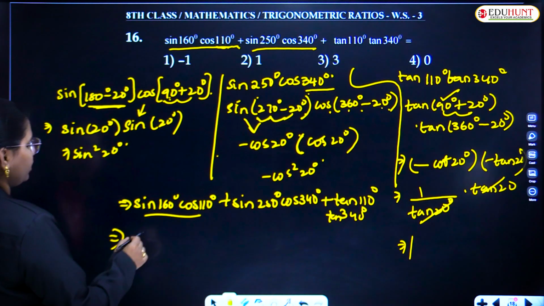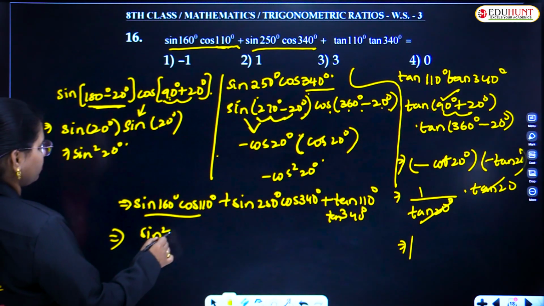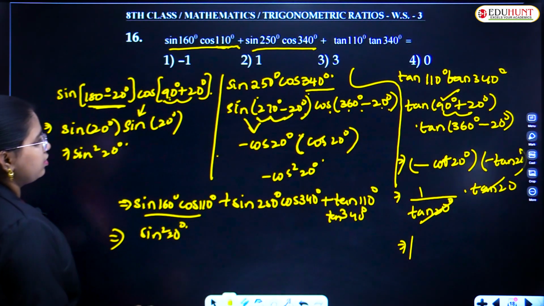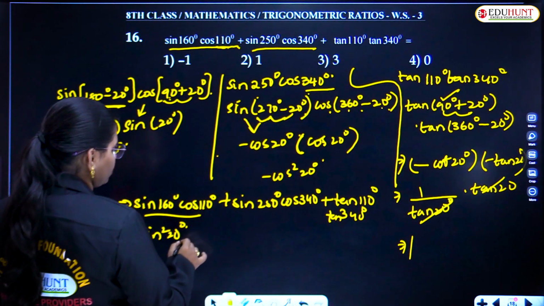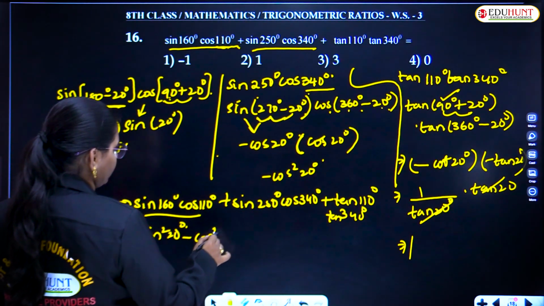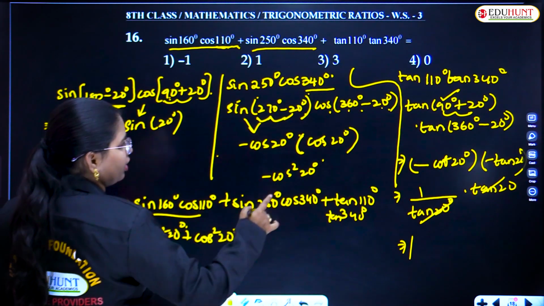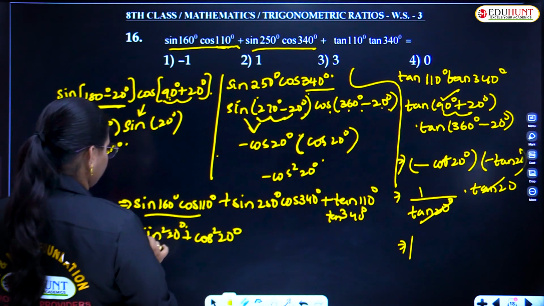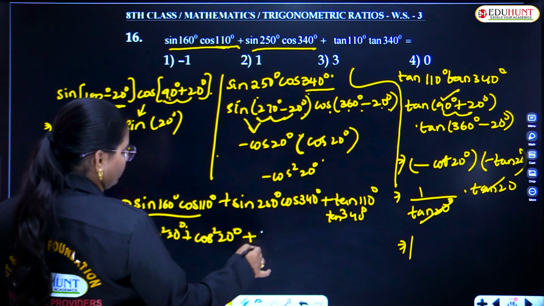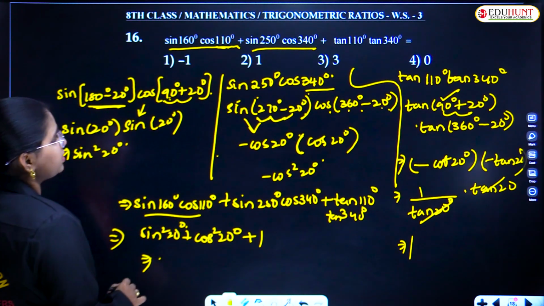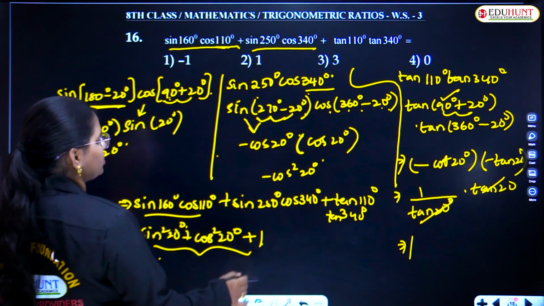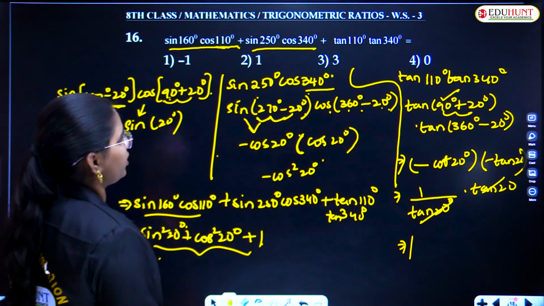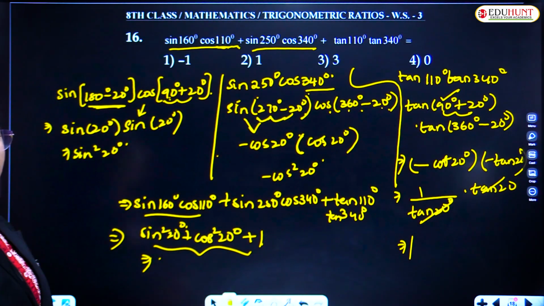This value is sin square 20 degree, and this value is plus into minus, which is minus cos square 20 degree. And this value is 1. So what answer will you be getting here? This is 1 and this is 1. Just check it here. Is everything fine?